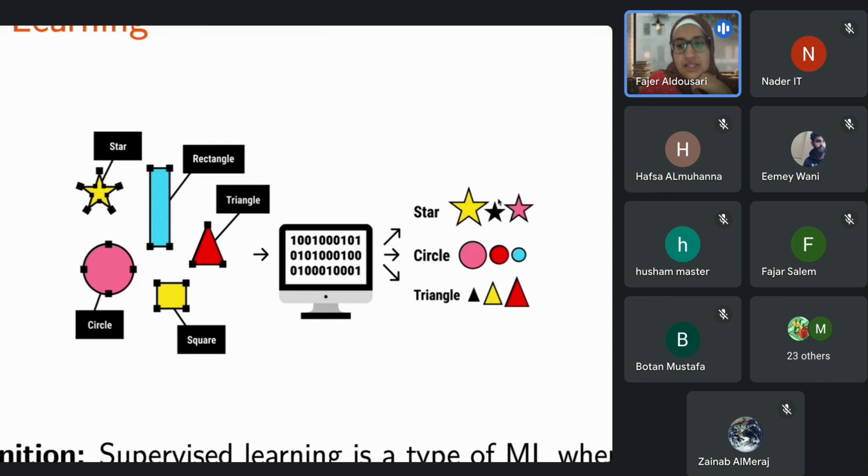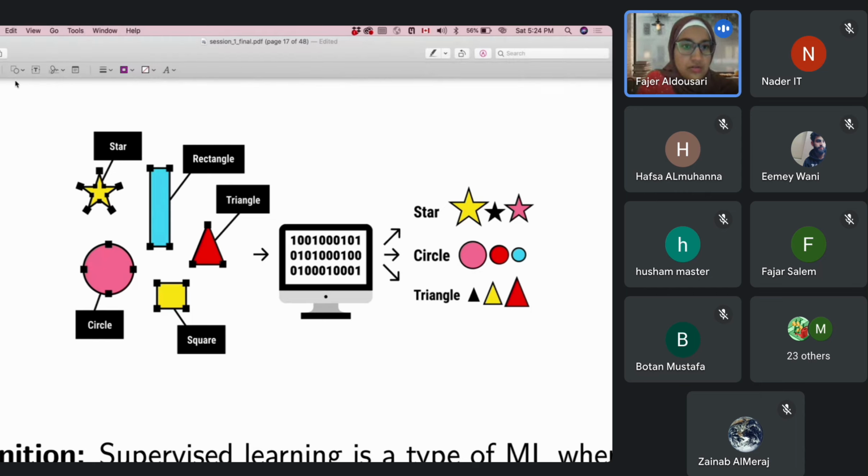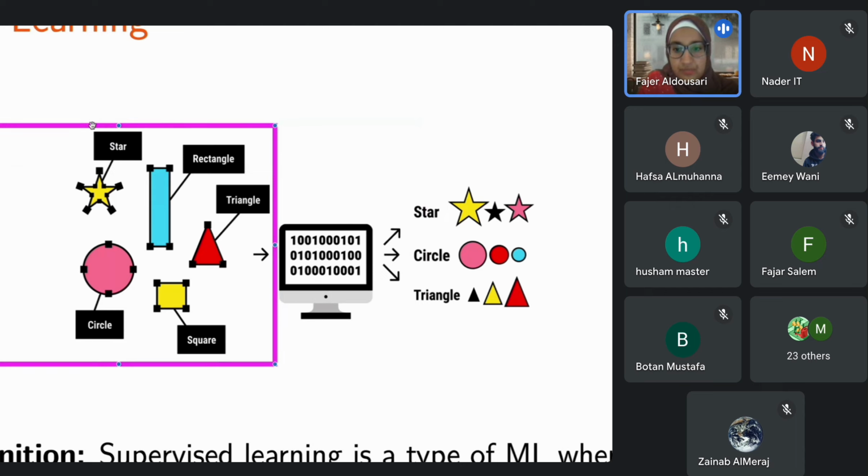When the algorithm sees one of those shapes, it will compare it to what's called the training data set. This is what the algorithm was trained with. And when you input something different, like a different type of star that's not the same color, it will be able to tell.